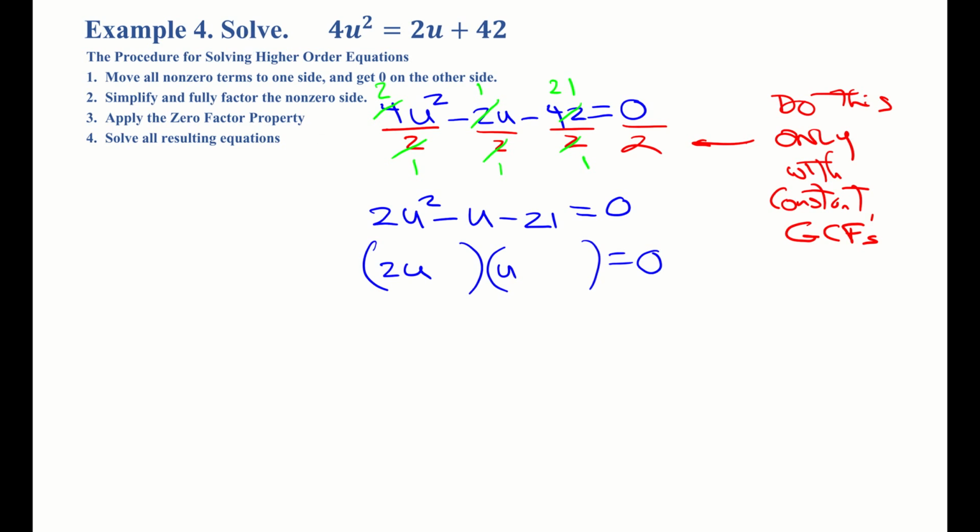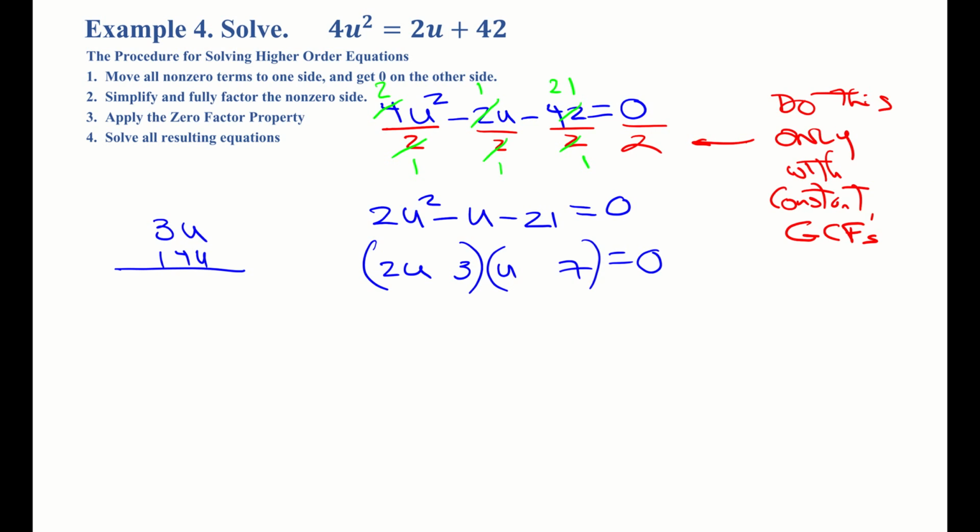So let's try. As you know, with these, I don't start out with any signs other than just the numbers. So then we'll deal with the signs later. So I noticed that for 21, perhaps 3 and 7, maybe, right? So 3 and 7. Now the inner product here is going to be 3u, right? The outer product is going to be 14u.